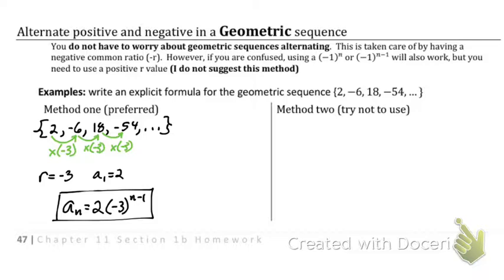So if you try to apply that -1 to the nth power here, you'd go, okay, let's just treat this as a positive. Let's forget it's negative. Let's just use 2, 6, 18, and 54. Now, instead of having an R value of -3, you'd go, oh, these are all just multiply by 3.